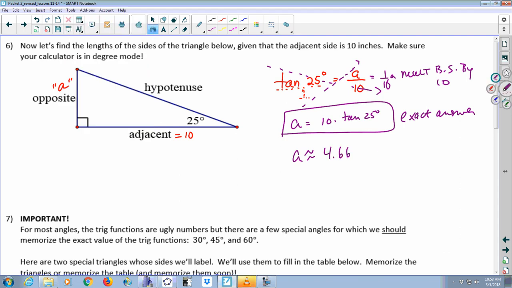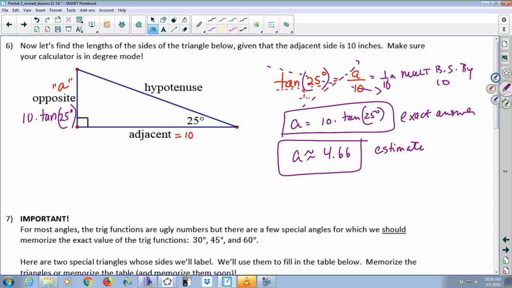Okay, so this is an estimate or an approximate answer. So make sure you're always looking at what the instructions ask you to do. So now you have that. And I'm going to write this in the exact answer here. I always put all of these inputs in parentheses. That's just my habit. It's called the argument.